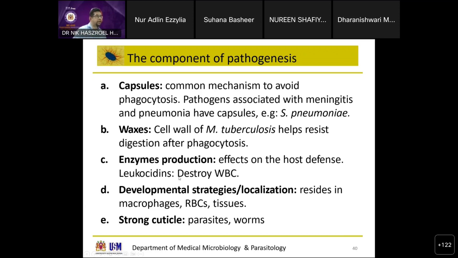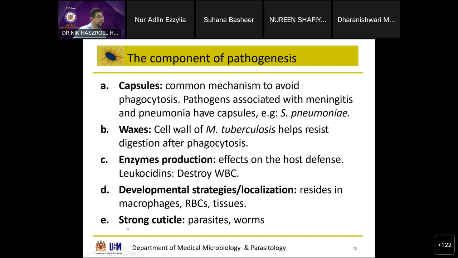Some bacteria produce leukocidins. These bacteria which produce leukocidins destroy white blood cells. And like I said just now, the TB, Mycobacterium tuberculosis, survives in the macrophage because of the wax.